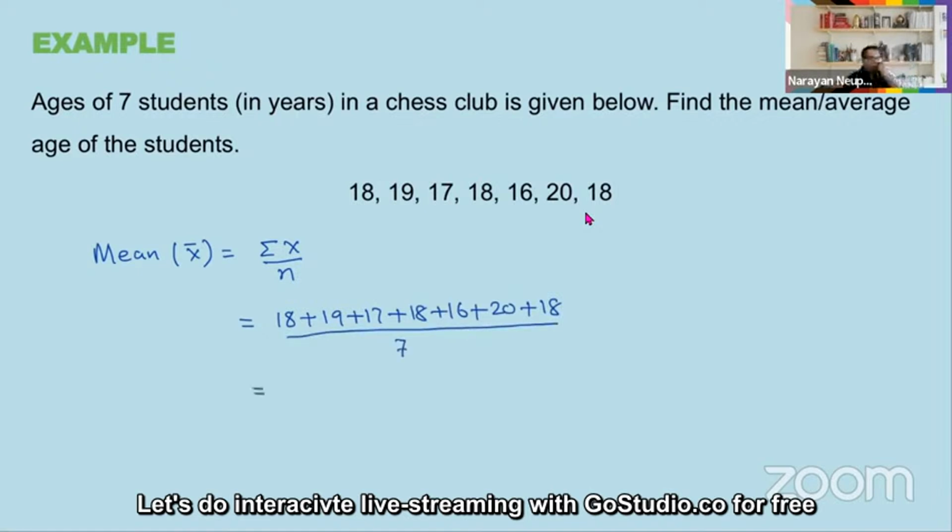There are 7 students. Now you add all those and check. I get 126. And if you divide 126 by 7, how much will you get? 18. So the average age of a student in that chess club is 18 years.